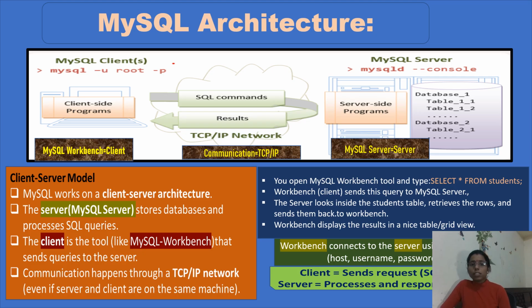As we see from the diagram, here is the MySQL client and here is the MySQL server. Completely on the right side is your MySQL server part and on the left side is your MySQL client, the client side program, and here the server side program.